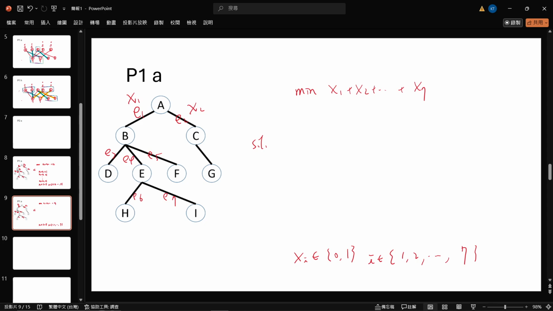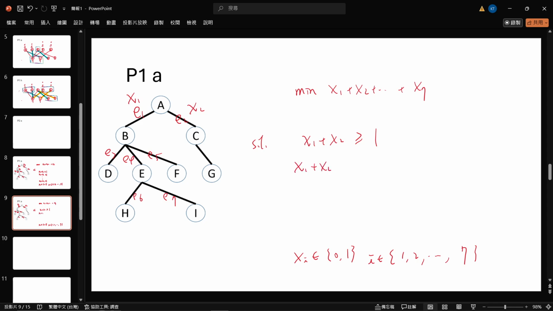So for vertex A, because the two incident edges are E1 and E2, we have to make sure that at least one of x1 and x2 is set to 1. So we can translate this idea into this inequality. Okay. So for vertex B, the incident edges are E1, E2, E4, and E5.